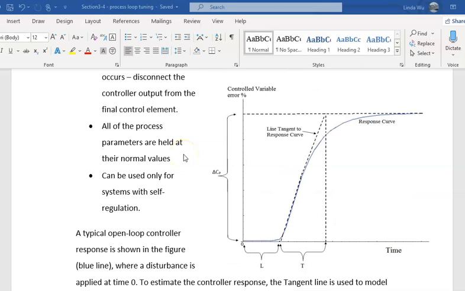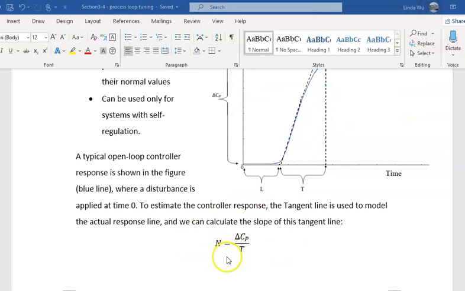In this method, you can see delta CP is the change in the controller variable. That's the delta CP, and this one is L, on the time axis. We have the L and the T. These three, delta CP, L, and T, will be used for the calculation.